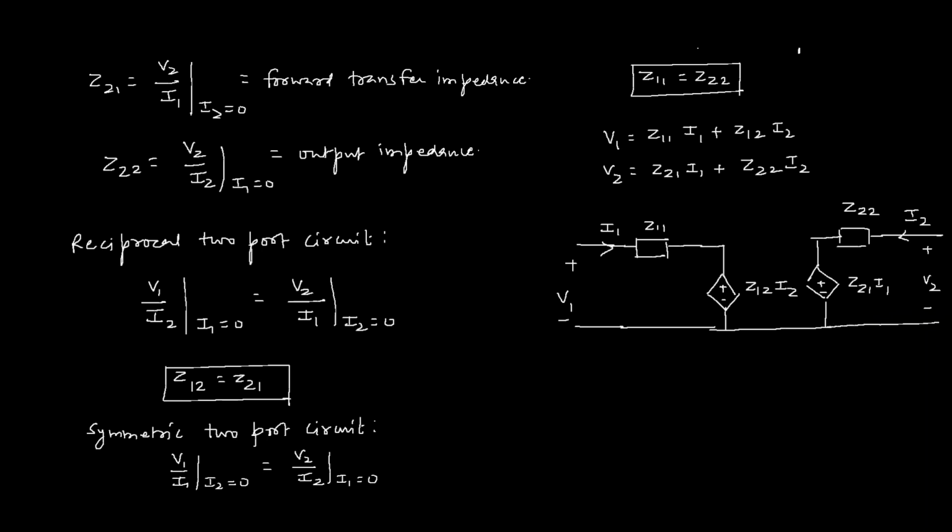Now let's find out the Z parameters for different circuits. T network, or T circuit. Three impedances are connected in the shape of T. This is port 1 with voltage V1, current I1, voltage V2, current I2, and the impedances are ZA, ZB, and ZC.